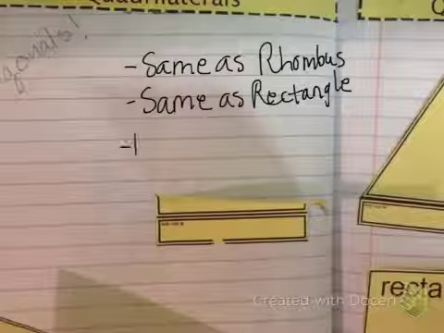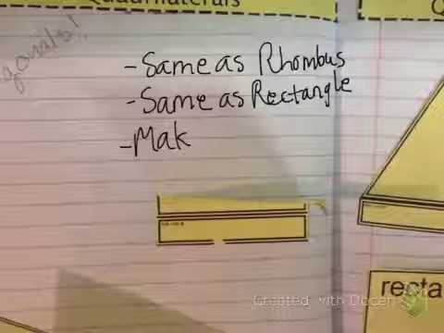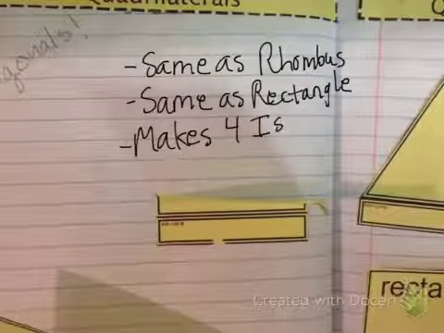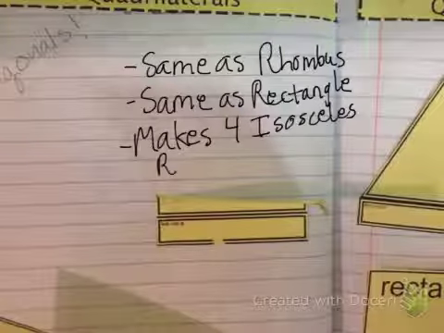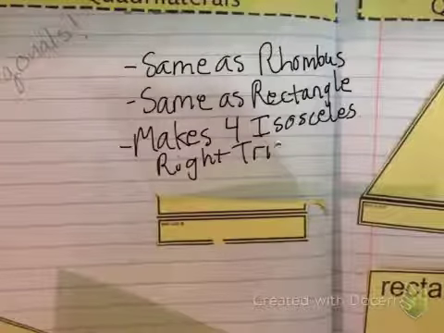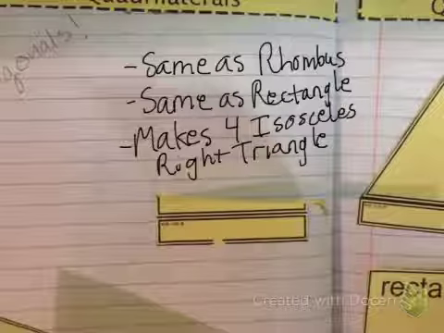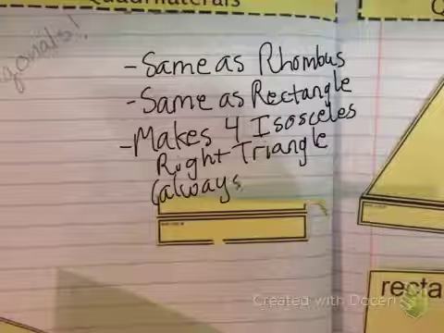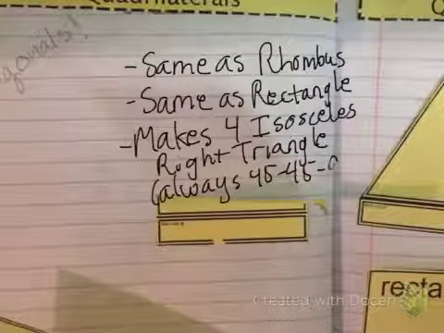But the cool thing about a square is, if you look, it makes 4 triangles, and those triangles are pretty special. They're isosceles right triangles. Which means if it's an isosceles right triangle, it's very special. It's always a 45, 45, 90.